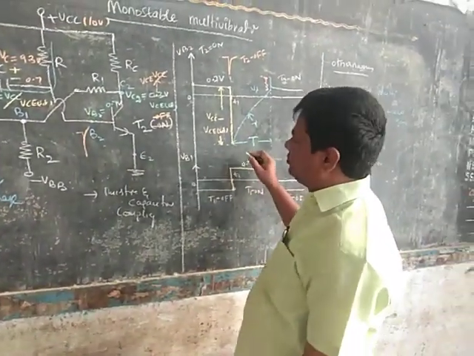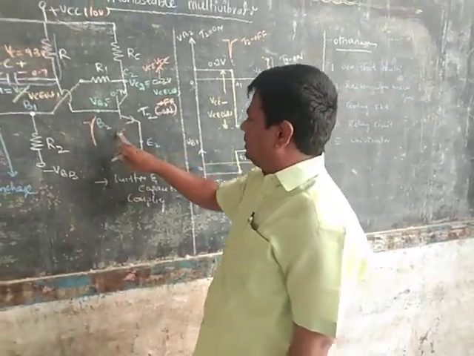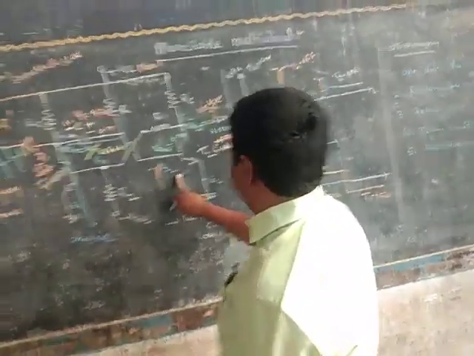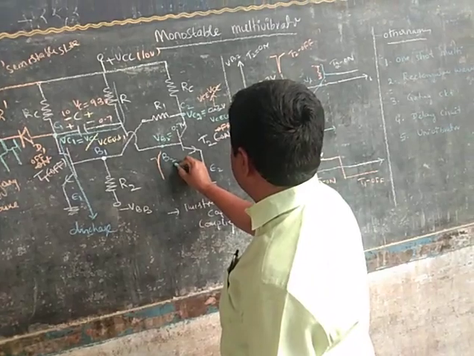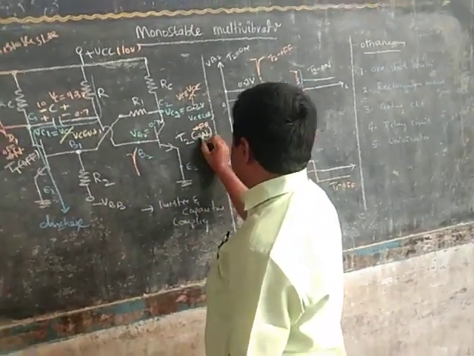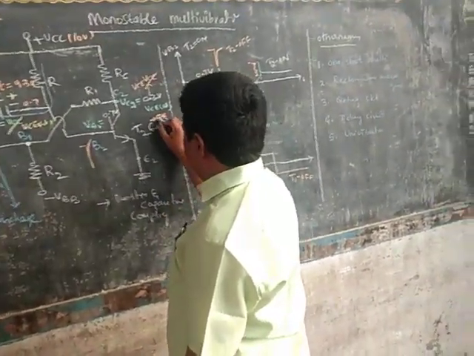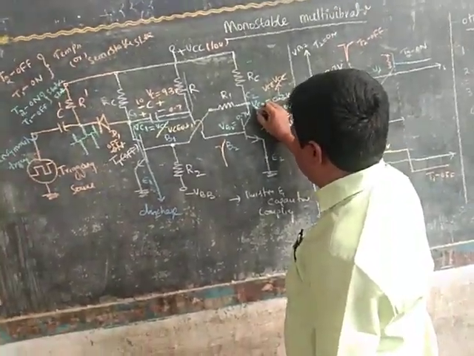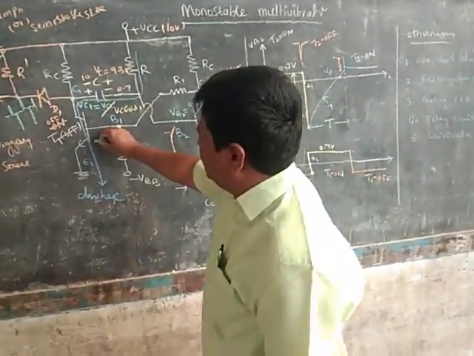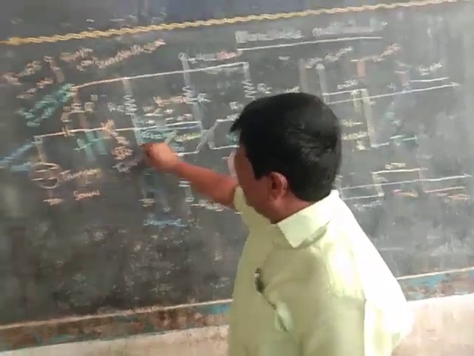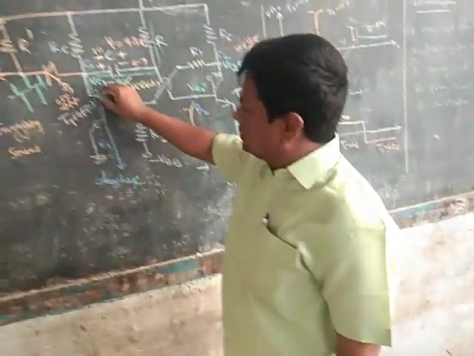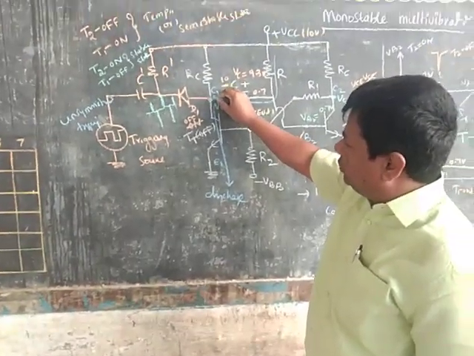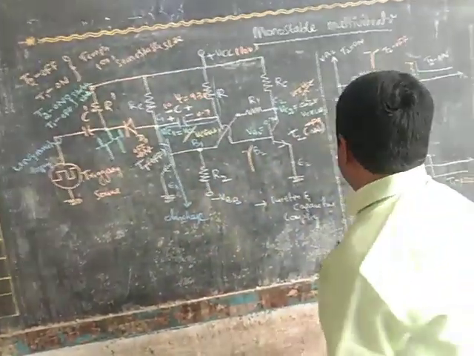Now immediately what happens is, here the base is negative. Immediately the T2 transistor enters into off. When T2 is off, its collector rises. It is enough to drive T1 into on. Its collector voltage suddenly comes down from VCC to VCE saturation.